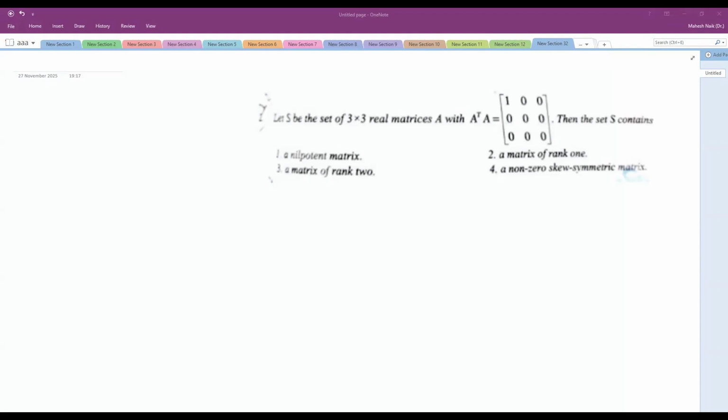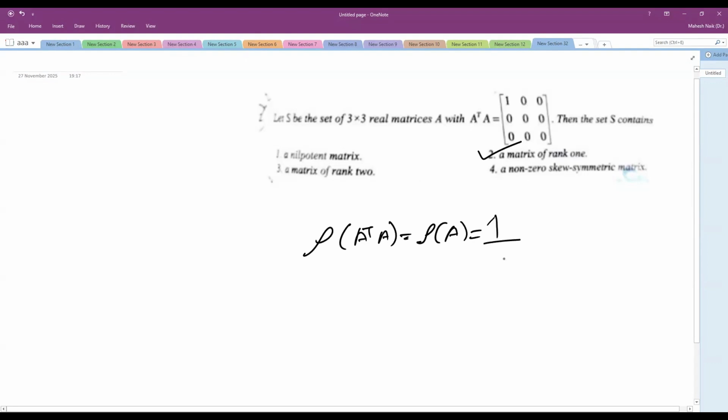So if the rank of A is equal to 1, we have option number 2, which is very clear about the same. The property was rank of A transpose into A equals rank of A, and in this case, the rank of A transpose into A is 1. So rank of A is also equal to 1, and so a matrix of rank 1 will be part of this particular set.